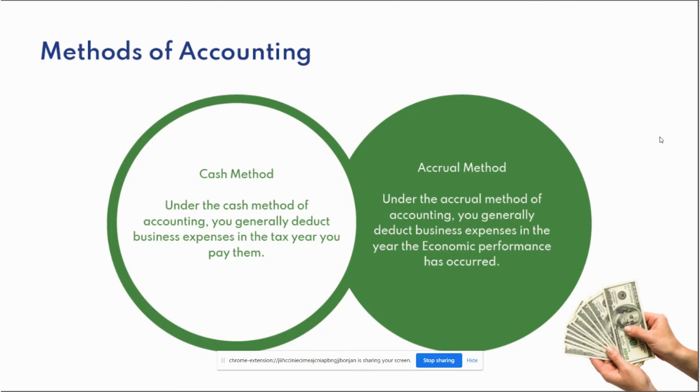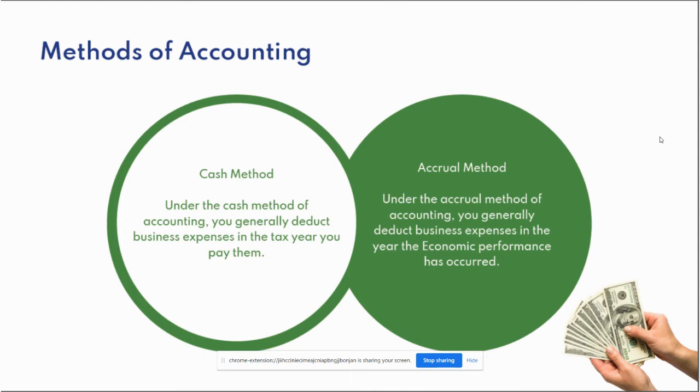If we're talking about cash method and accrual method, this is crucial to your business. And if you are a small employer or small business, you can use either one. The cash method means immediate recognition of revenue and expenses. That means if you collected $500 today, the 500 becomes income.